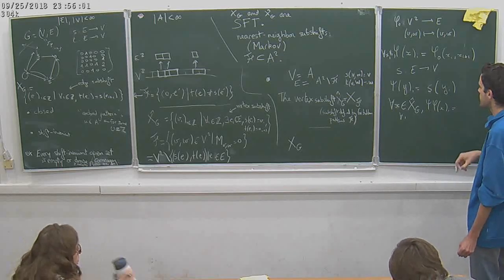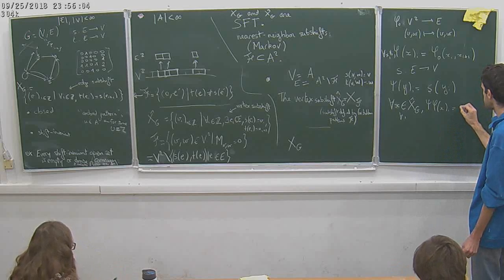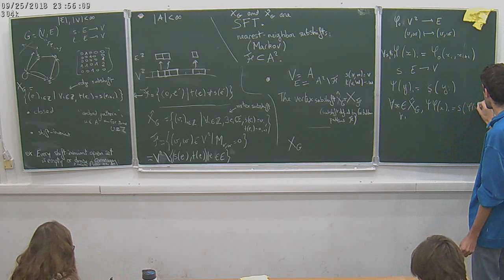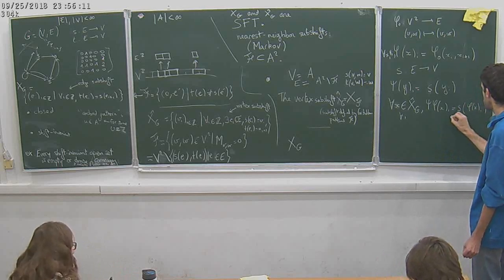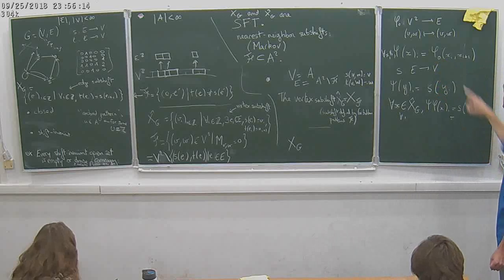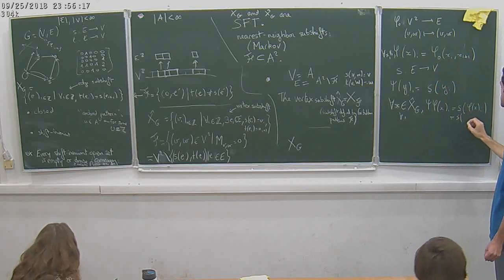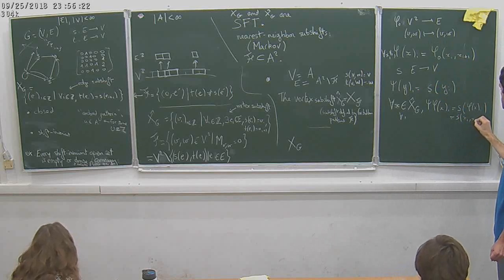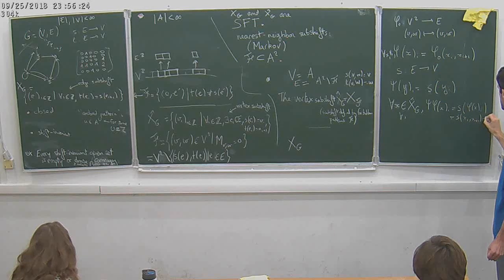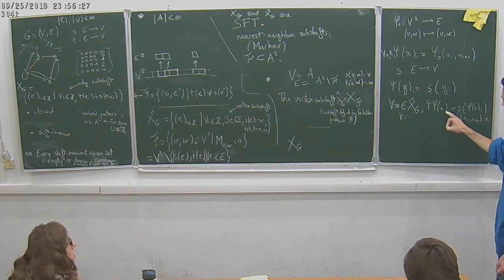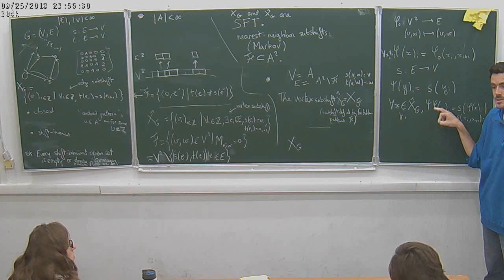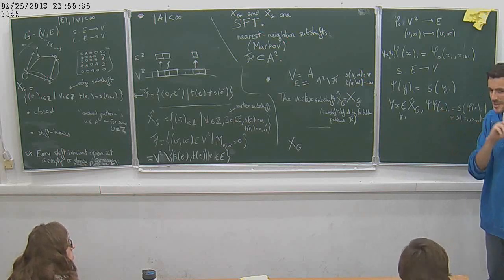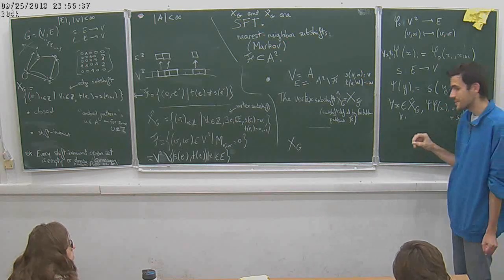So psi of xi is equal to s of psi of xi, which is s of xi plus 1, which is xi. So, psi is the right inverse of phi, but don't forget you always have to prove also the inverse.